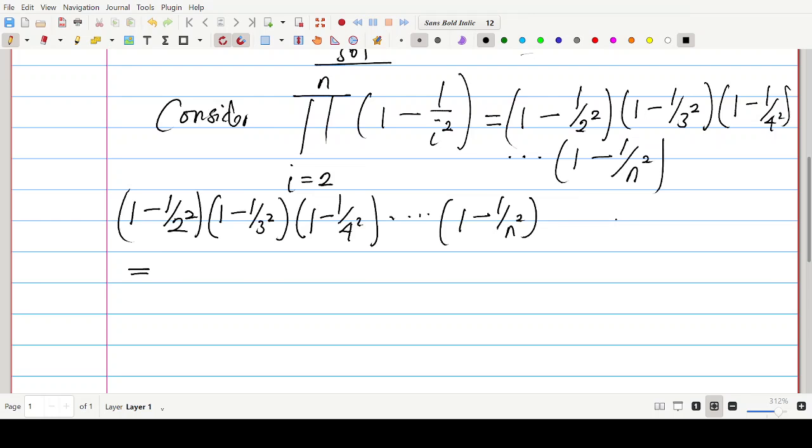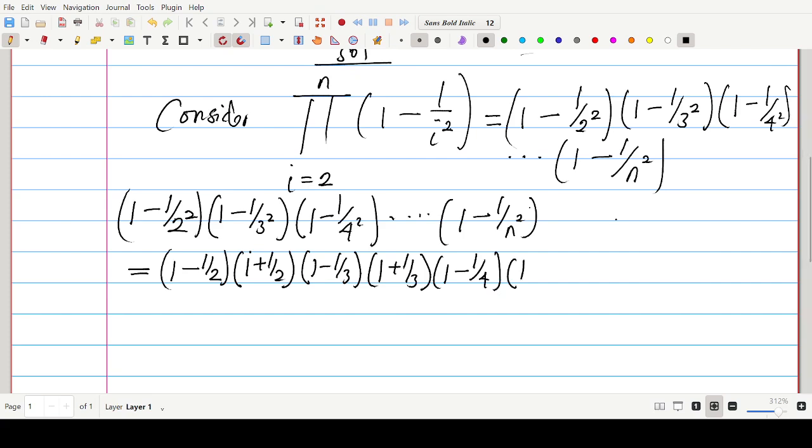So writing them in the other format, we shall have 1 minus 1 over 2 multiplied by 1 plus 1 over 2. Then the next is 1 minus 1 over 3 multiplied by 1 plus 1 over 3. The next we have 1 minus 1 over 4 multiplied by 1 plus 1 over 4, until you get to 1 minus 1 over n multiplied by 1 plus 1 over n. So we have this expression at hand.